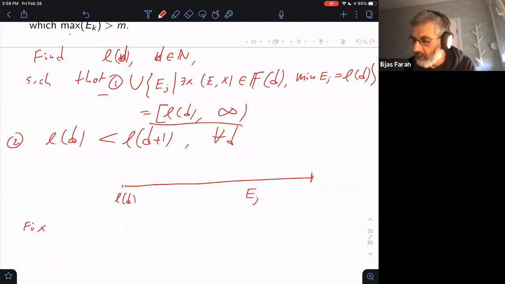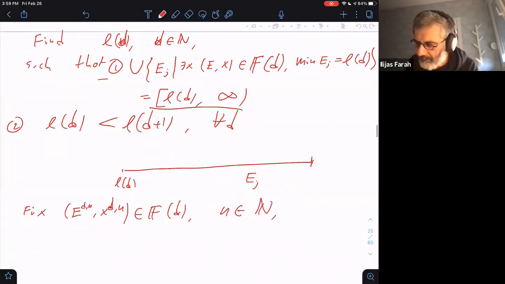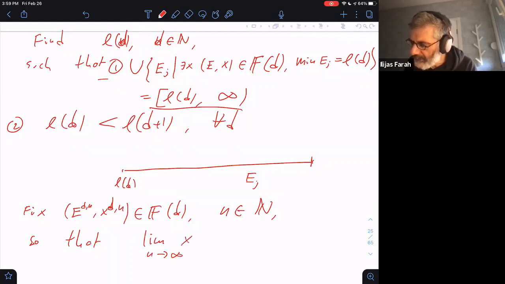So fix just a sequence, I'll put indices in a superscript, X^{D,N} in F_D for n in N, so that the limit as n approaches infinity of X^{D,N} in T^N exists.